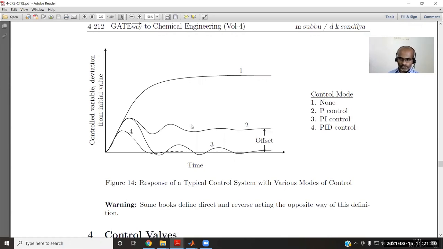That is the expectation of P control. And with PID control, what is happening? Curve 3 is having some oscillation. This is from proportional plus integral action. Whereas with derivative, by the addition of derivative, the oscillations are now suppressed. Otherwise, we could make the system stabilize in a much shorter time.